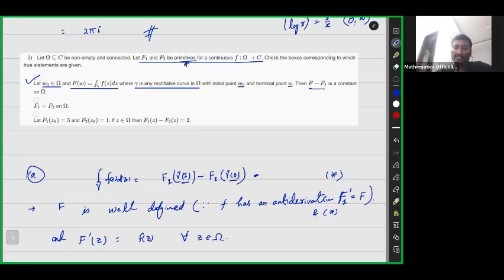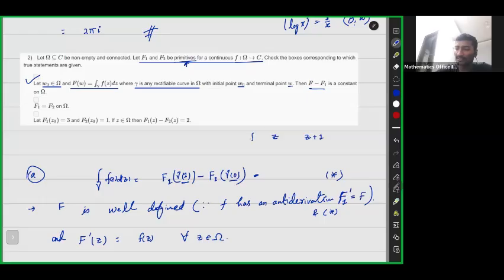Okay. See, one thing: in the first part, we've shown that F and F1 both are antiderivatives of small f, and that they differ by a constant, right? So F1 and F2 both are antiderivatives, no problem. But we only know that their difference is a constant. They might be equal, might not be equal. So, for example, you take these two functions, F1 equal to, let's say, z, and F2 equal to z plus 1.